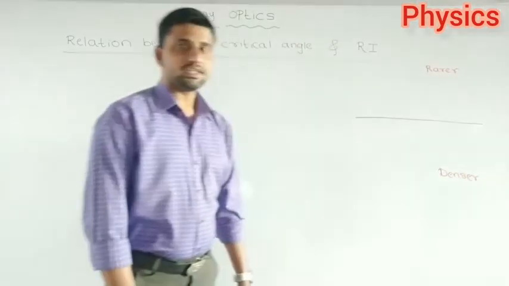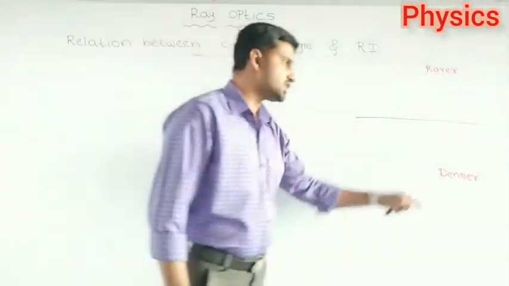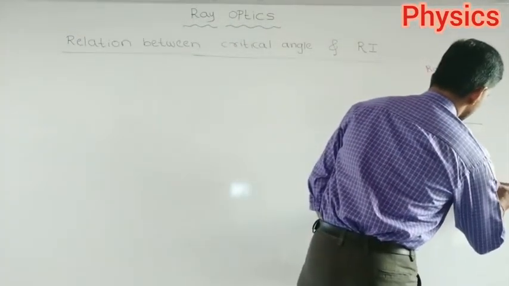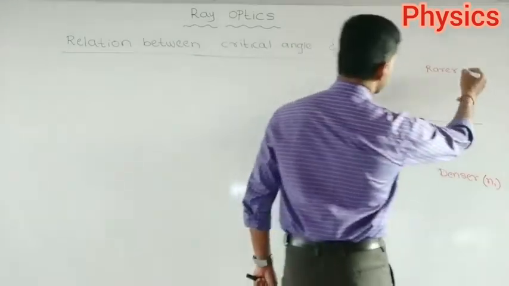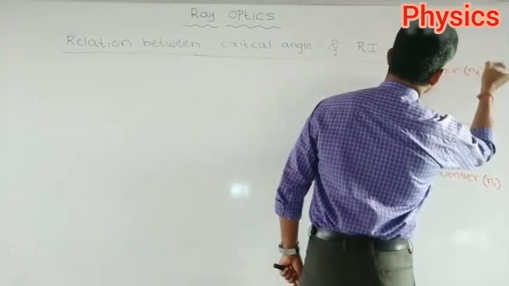Now I am going to take the refractive index of the denser medium as N1 and the refractive index of the rarer medium as N2.